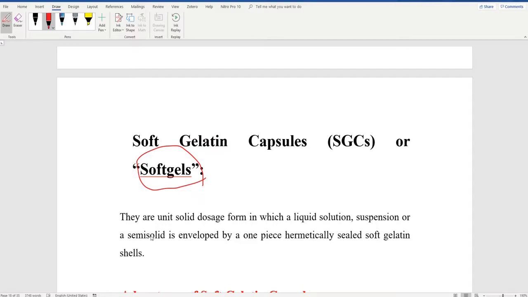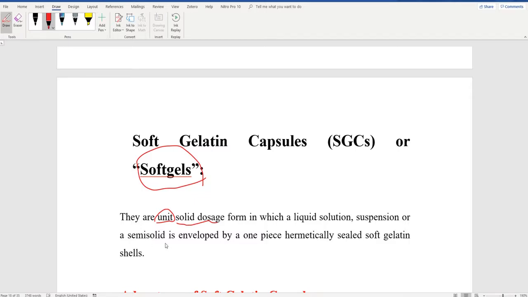Look at the definition. They are a unit solid dosage form. What do we mean by unit? Each capsule contains one dose. Solid, if you look at the outside, it's a solid, in which a liquid solution, suspension or semi-solid is enclosed.